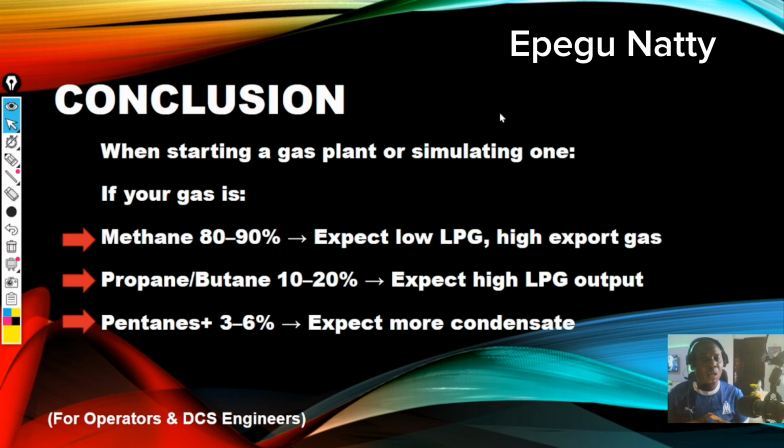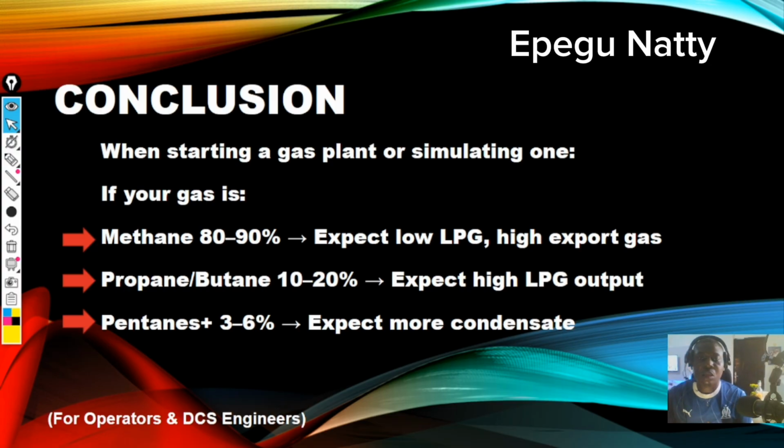Now, conclusively, we need to know, as an operator or as a supervisor or as a panel operator, that when starting a gas plant, or when you want to simulate a plant, just like we're doing, but in a real sense, when you want to start up a plant, you need to ask yourself about the composition.